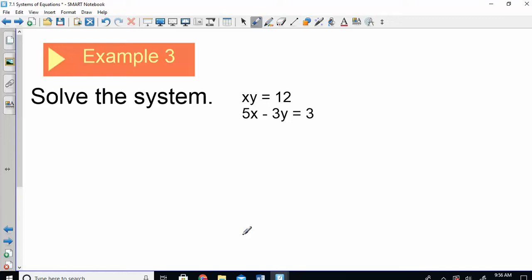Substitution. Okay, so we have to take one of the equations and solve for one of the variables. What do you want to do? Solve the bottom one? Yeah. For x? Y. Y? Alright.